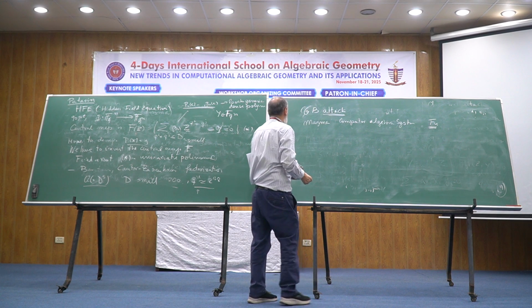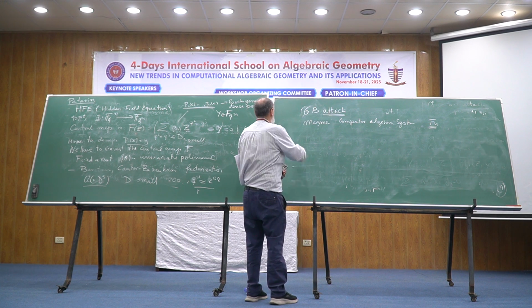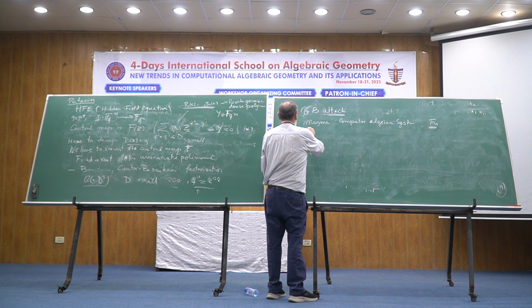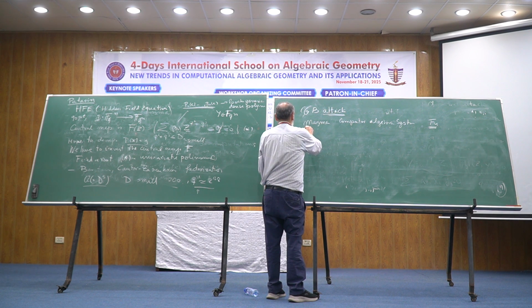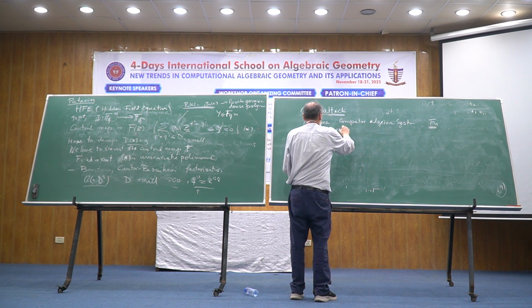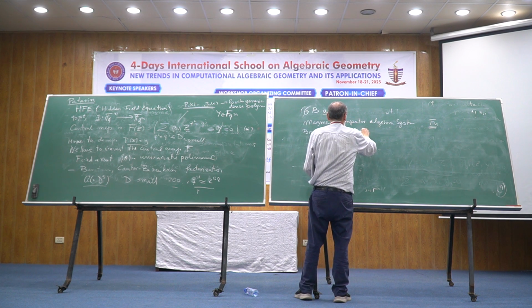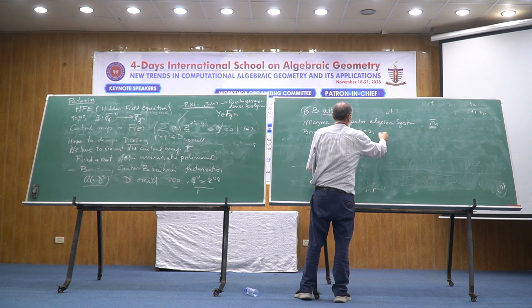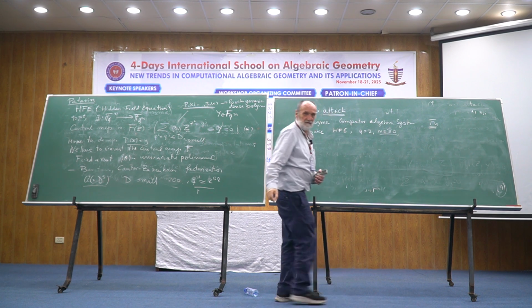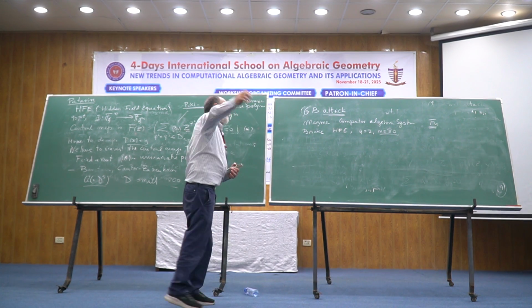And in fact, after several years it broke an HFE system with, I think, q equal to 2, n equal to 80, something like that. Well, probably you remember, there was a big hype about that.